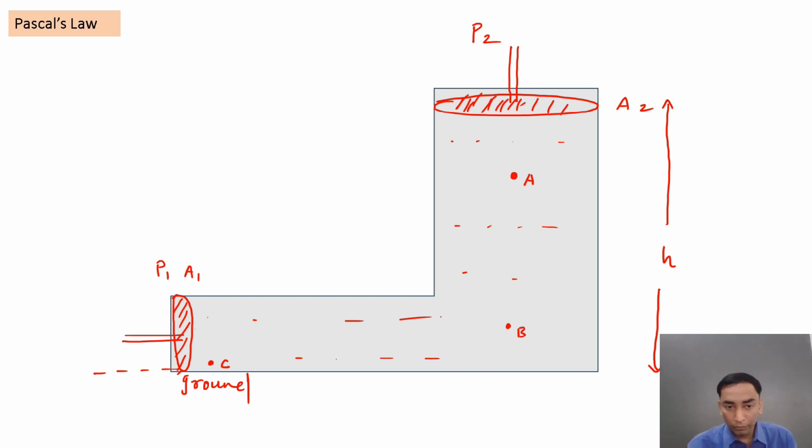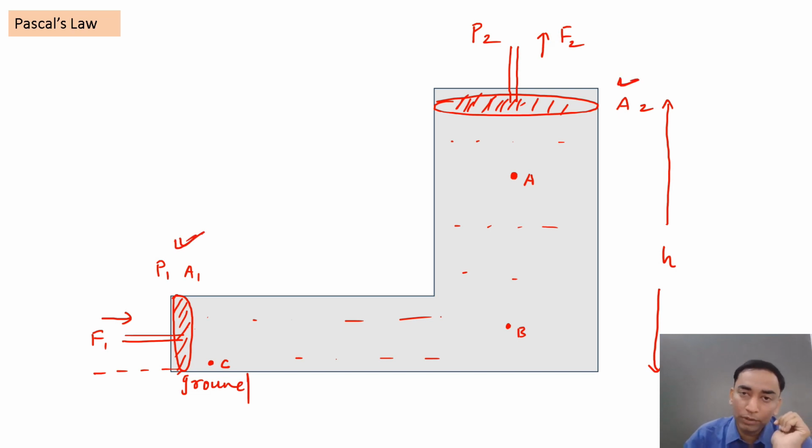Okay, now we are supposed to press or apply force F1 from piston P1, and you will see that the piston P2 will rise up with force F2. But my point is that before applying the pressure, P1 was here and P2 was here. Piston P1 and P2 are intact at their own positions, right?